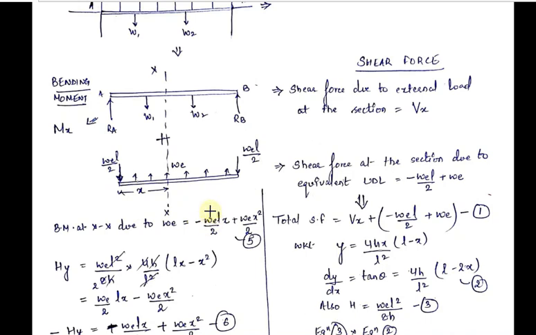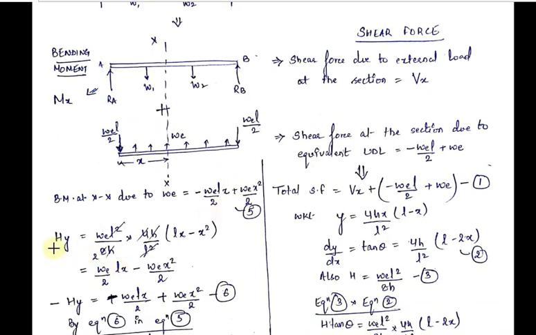Force is wL by 2 and the perpendicular distance is x. The second force is w. First convert this UDL into force, so w into x, and this force will act at the center of x, that is x by 2, so wx square by 2. This force is acting in the upward direction, so this will produce a clockwise bending moment about this section. So for clockwise it is positive.